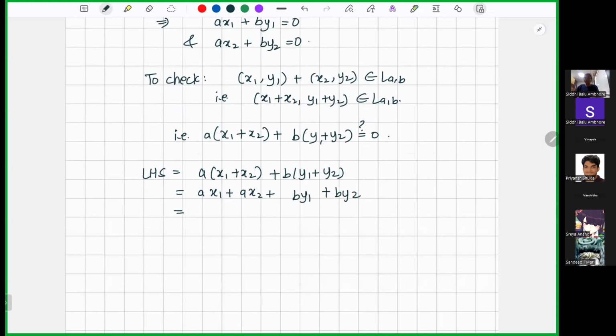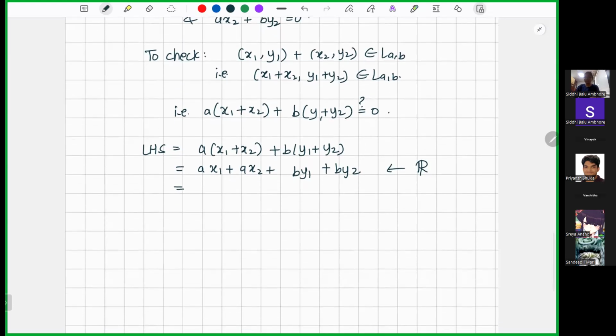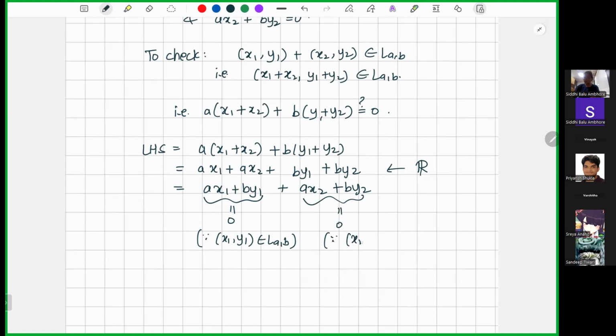And since every calculation is happening in R, which we know is a vector space, and addition is commutative and so on, we can just shuffle these two terms and we get A x1 plus B y1, which is 0 since x1, y1 belongs to L_AB, and A x2 plus B y2, which is 0 because x2, y2 belongs to L_AB.